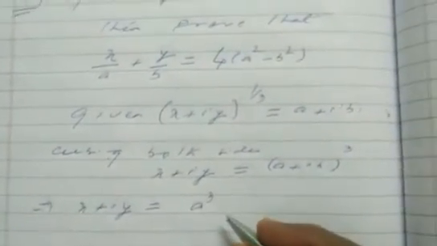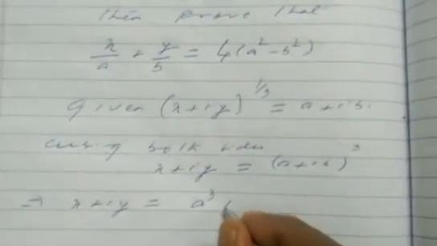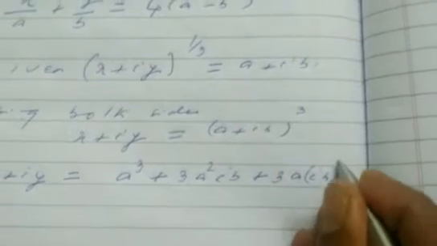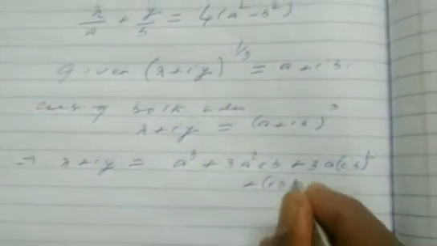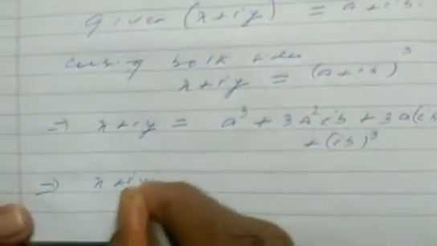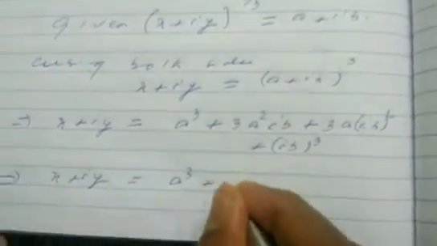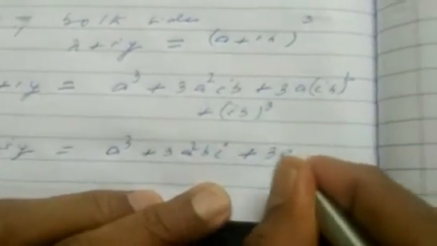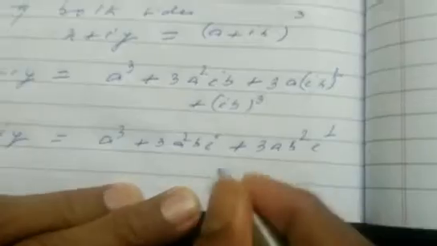This implies x plus iy is equal to a cube plus 3a square ib plus 3a (ib) whole square, and finally (ib) whole cube. When we solve this, x plus iy is equal to a cube plus 3a square b iota plus 3ab square i square plus i cube b cube.